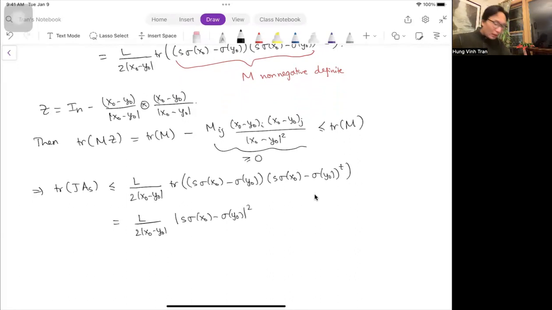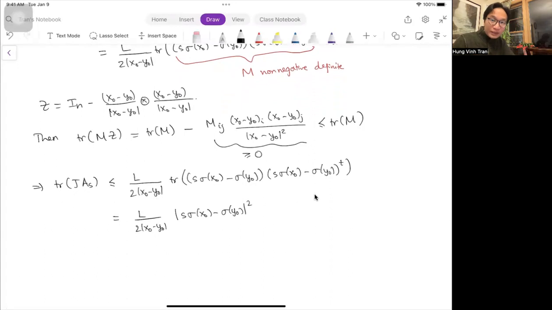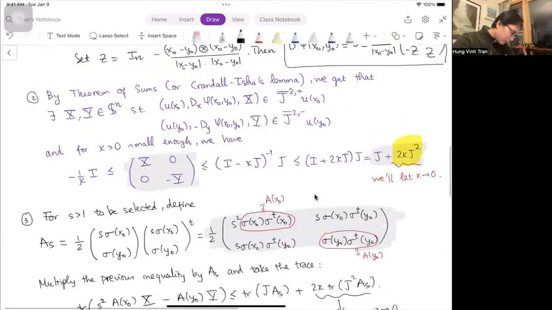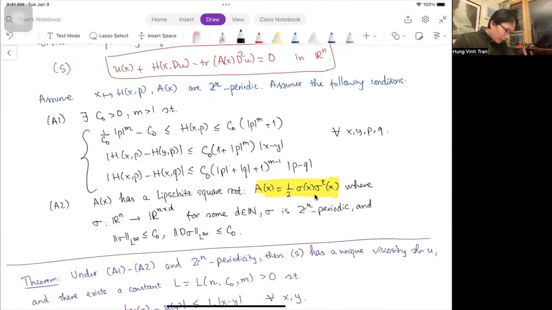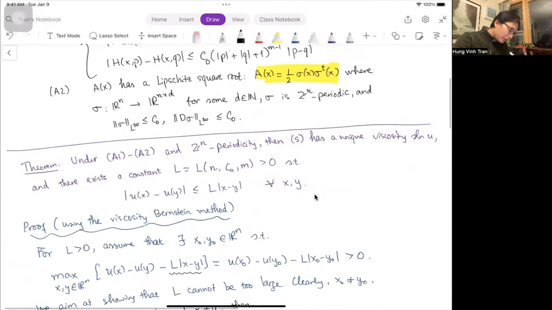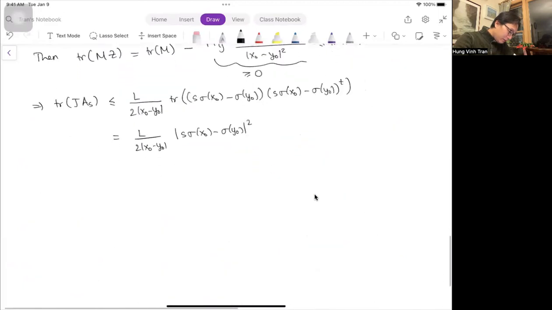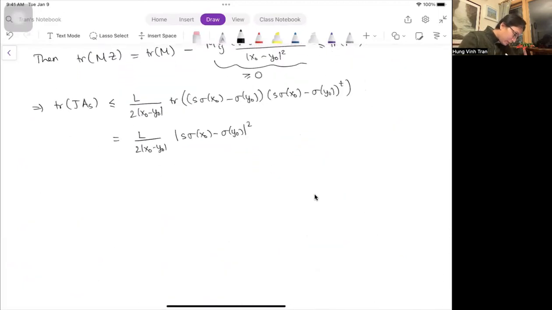And what is this length square? Well, we can just use the fact that sigma is bounded by C naught and it's also Lipschitz with constant C naught, as we assumed. Maybe let's write it carefully.